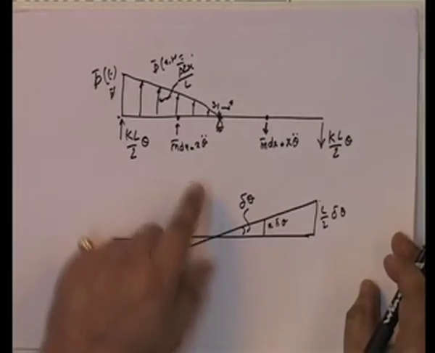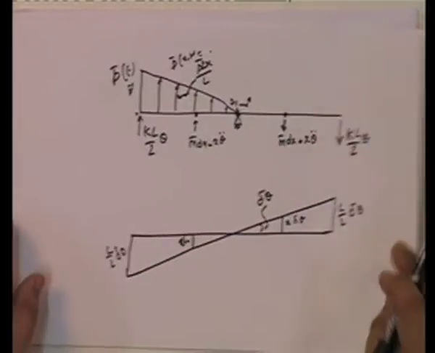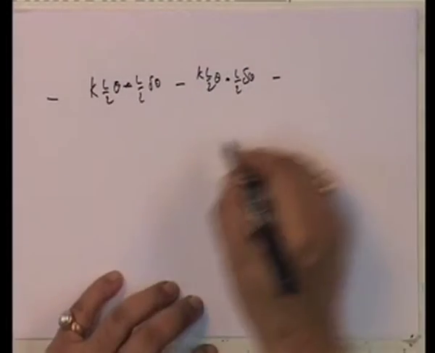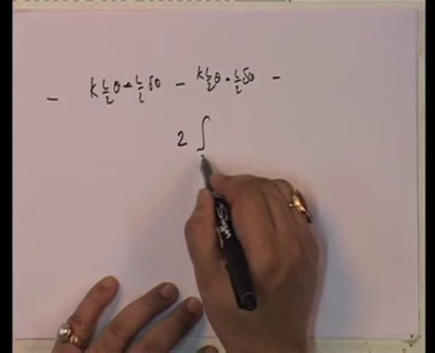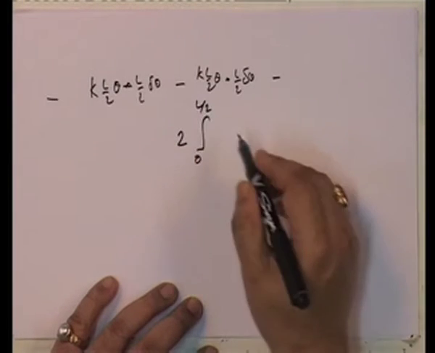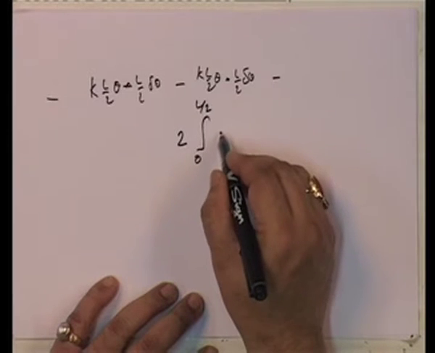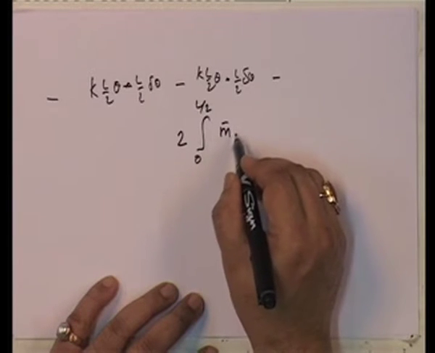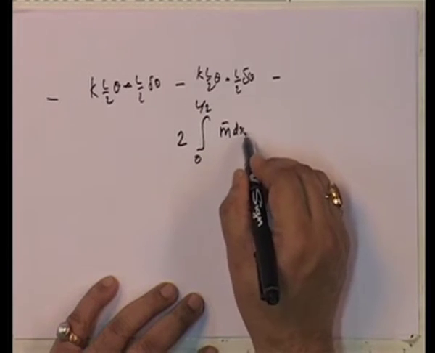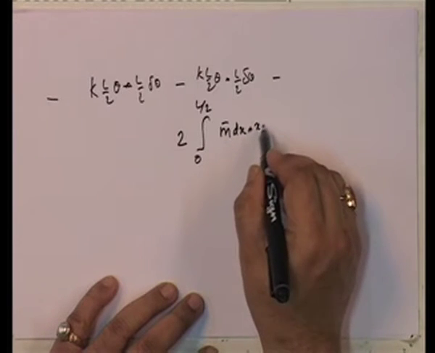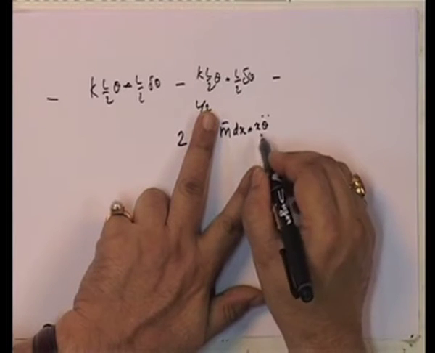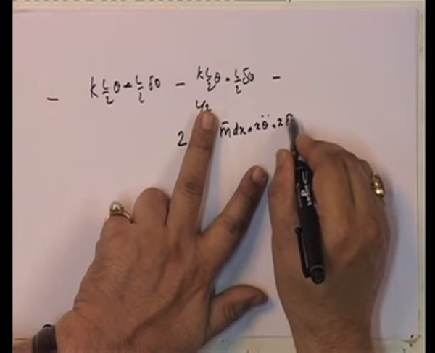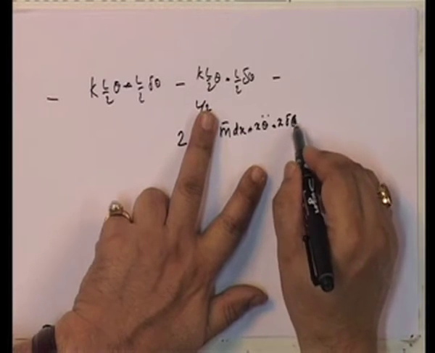So, all I need to do is, it's 2 times, so this is going to be equal to 2 times, the integral from 0 to L by 2, and the force is m bar dx into x double dot, times x delta theta. This is the force into x delta theta, this is the work done.